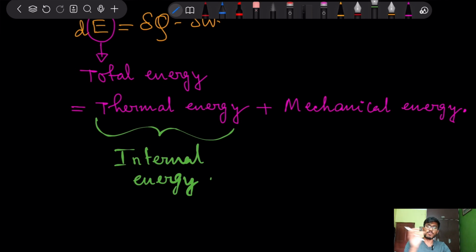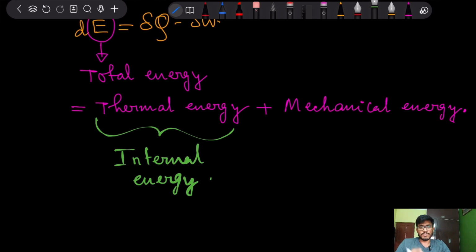Even if the solid is moving, it is moving as a whole, it does not have anything like flowing. Whether you consider the enthalpy or internal energy depends on whether the system is flowing or not.